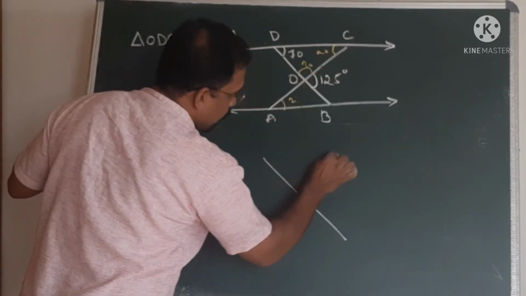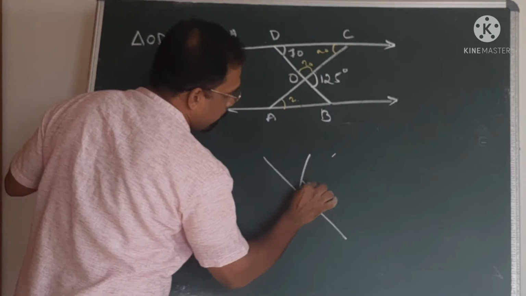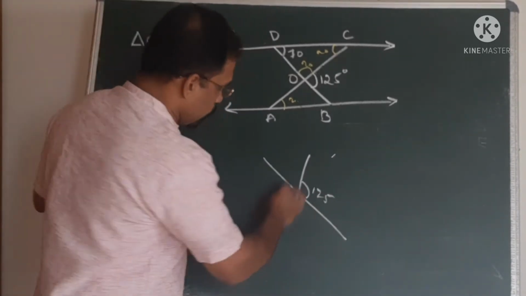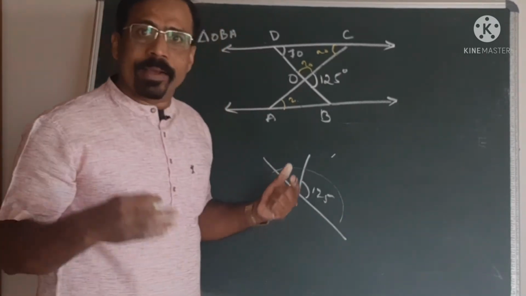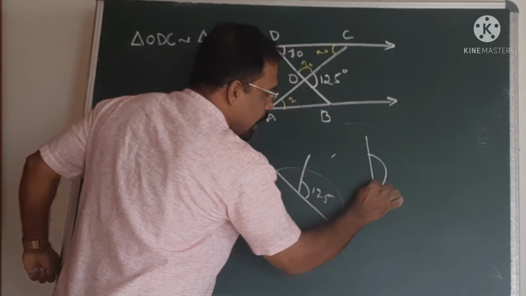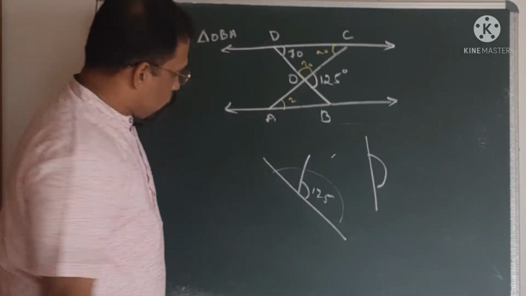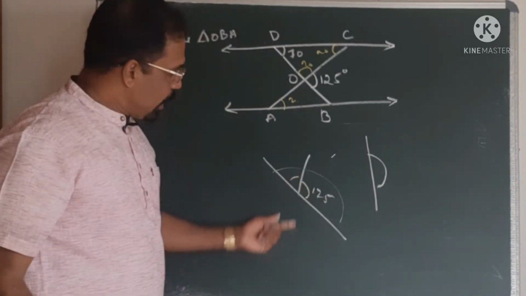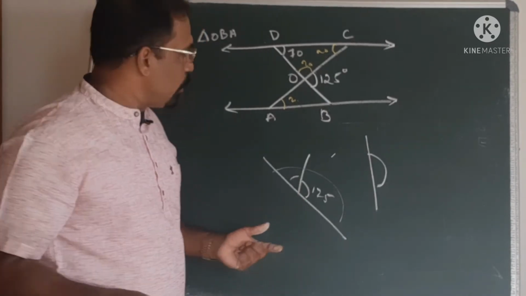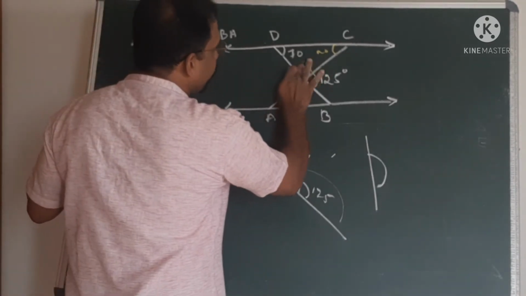This angle is 125. What is the sum of the angles? The total sum will be 180, because on a straight line the angle is 180. So this angle will be 180 minus 125, that will be 55. So this angle is 55.